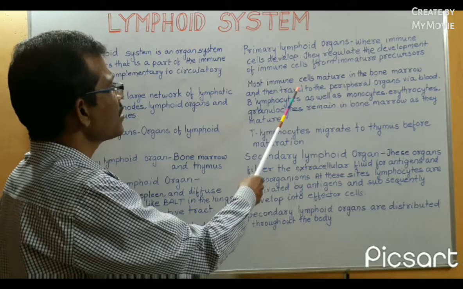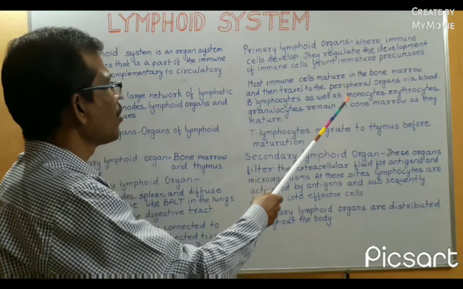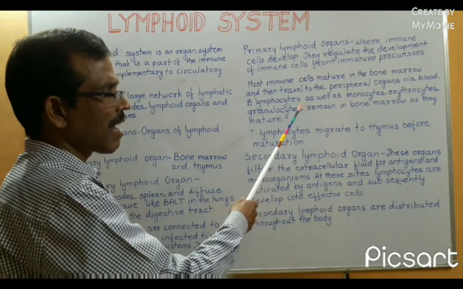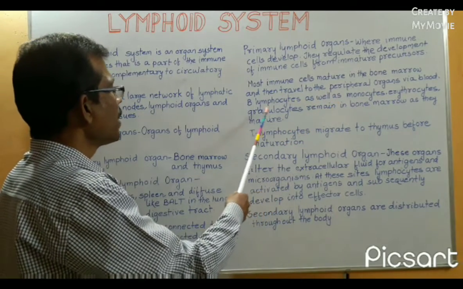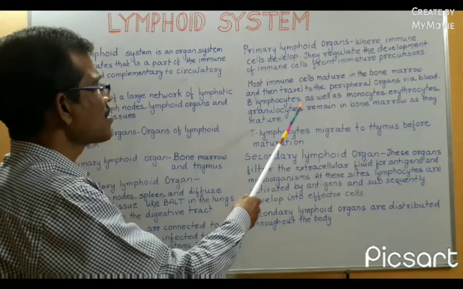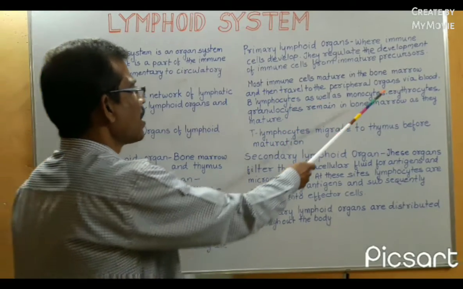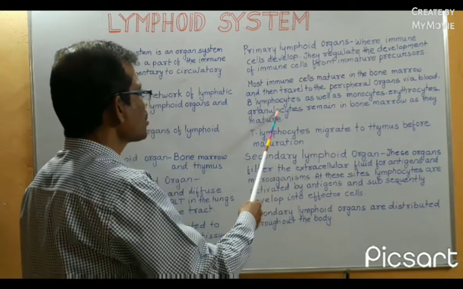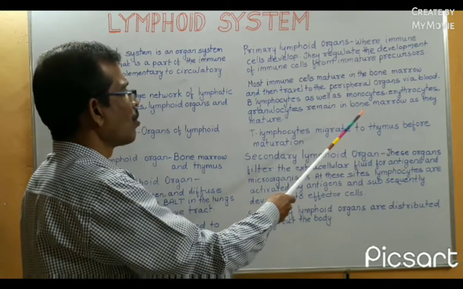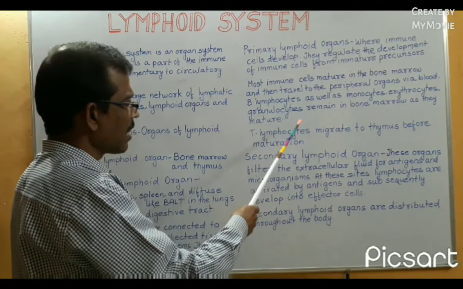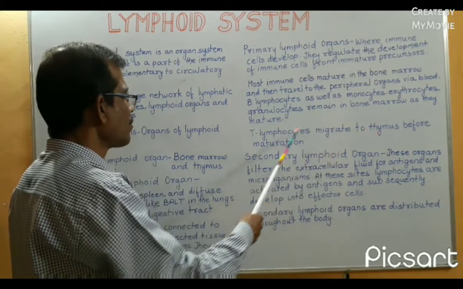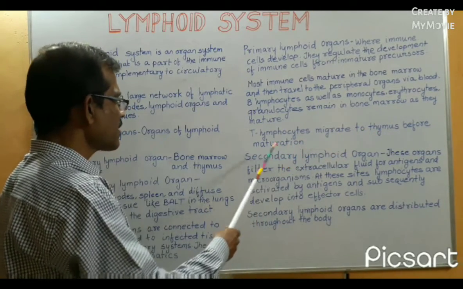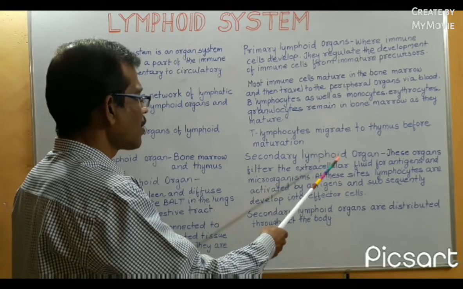Most immune cells mature in the bone marrow and then they travel to the peripheral organ via blood. B lymphocytes as well as monocytes, erythrocytes, granulocytes remain in bone marrow as they mature, whereas T lymphocytes migrate to thymus before maturation.